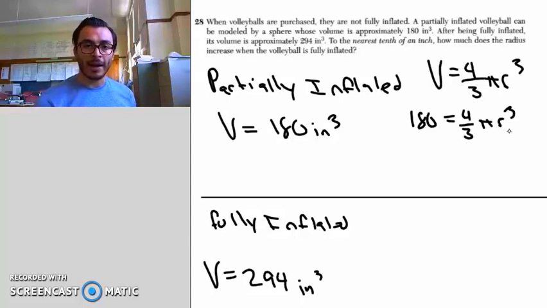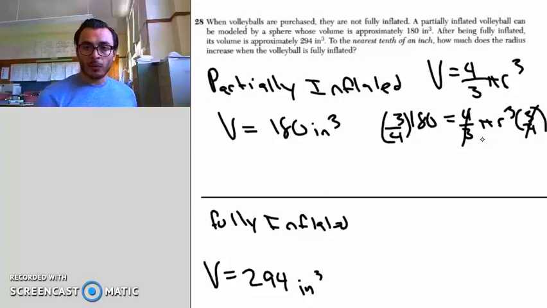So to do that, I got to isolate it. I got to get it by itself. So I got to get rid of this 4/3 here, and I do that by multiplying both sides by the reciprocal. So this is going to cancel out that. Then I have to divide both sides by pi to get rid of the pi here. So the pi's cancel out here.